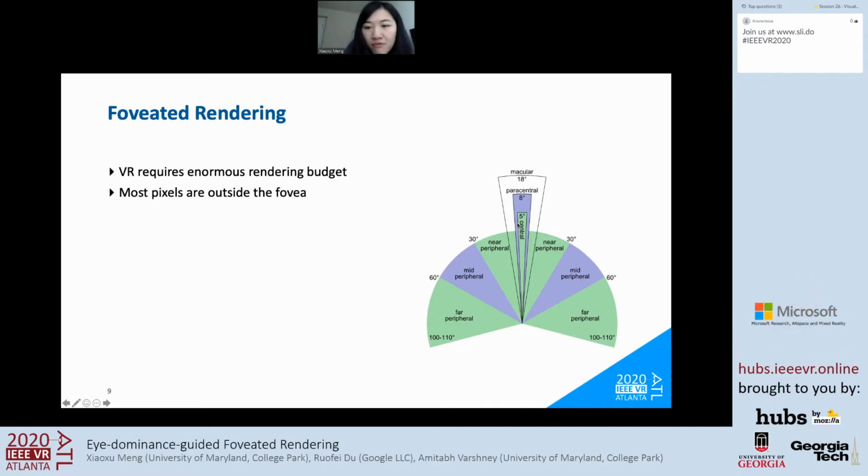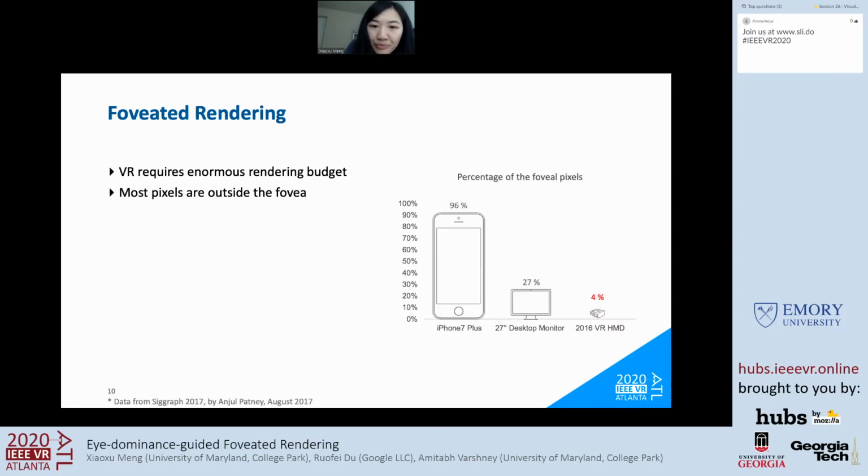The number of visual cells decreases continuously from the center to the periphery. As a result, the resolution of human eyes is highest in the fovea and gradually decreases with the increase of eccentricity. According to a research in 2017, only 4% of the VR pixels belong to the fovea pixels.